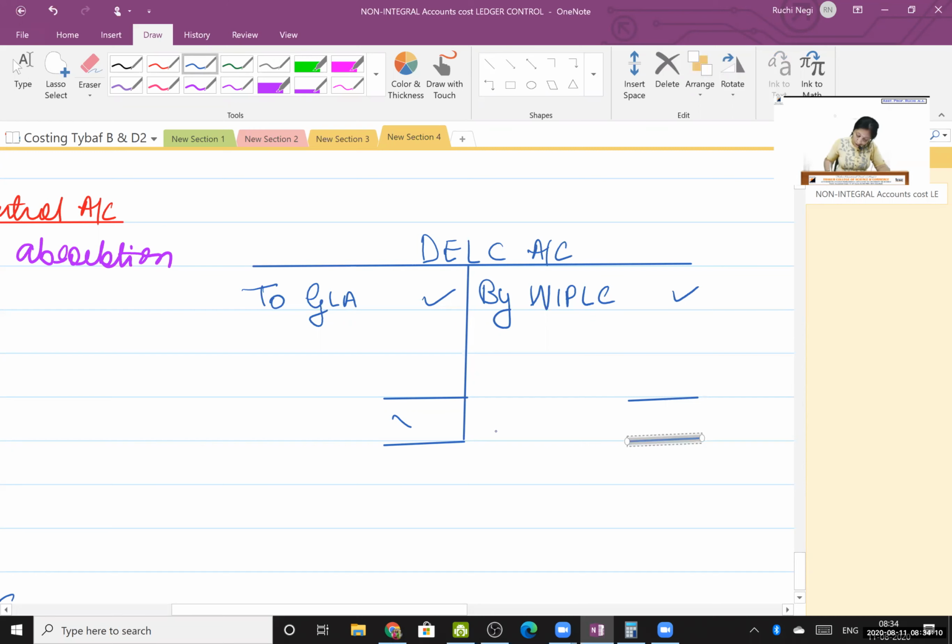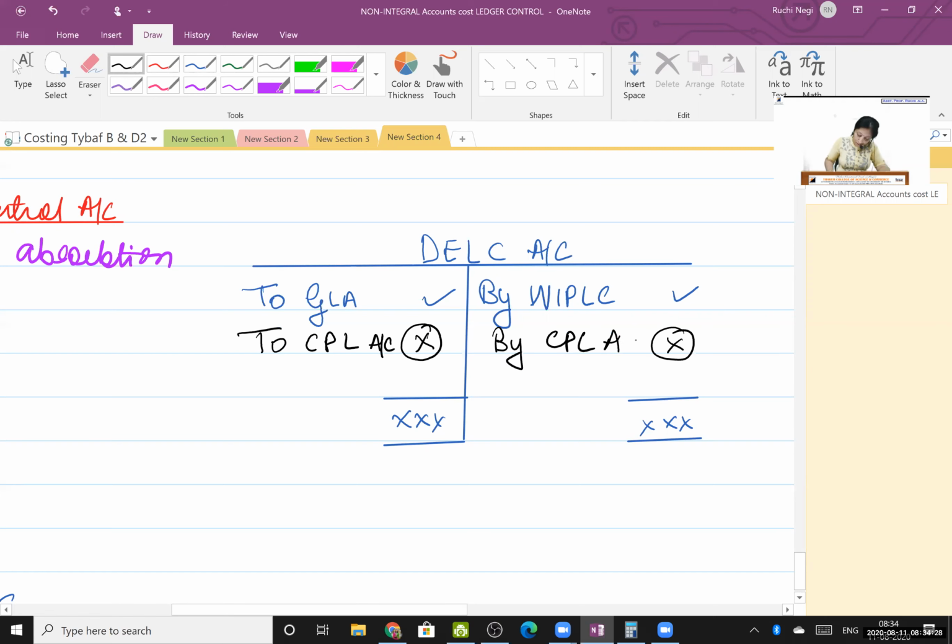When you close the ledger, you get a balance either here or here. Same logic, we'll go to CPL. This side is over recovery, this side is under recovery.